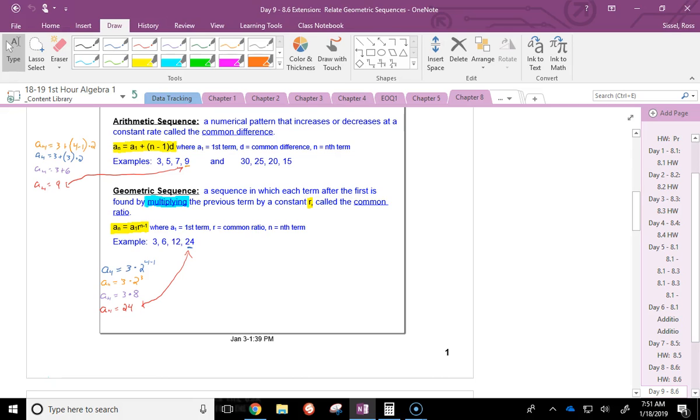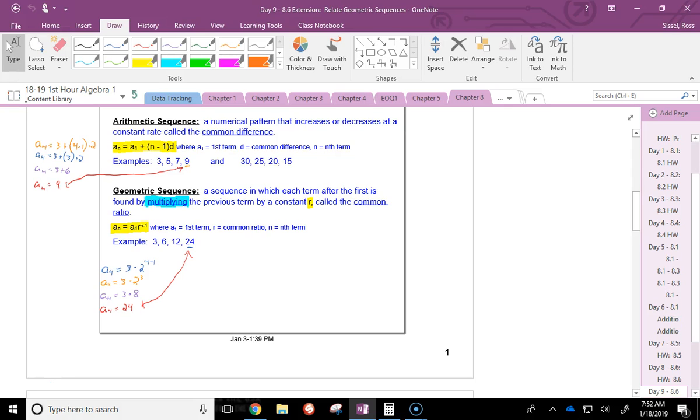It says a sub n equals a1 plus n minus 1 times d. Now, the important part to this is that a1 is your first term, d is your difference, and then n just stands for whatever term you're asking for. So you'll see the examples.